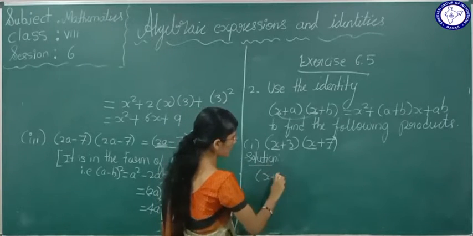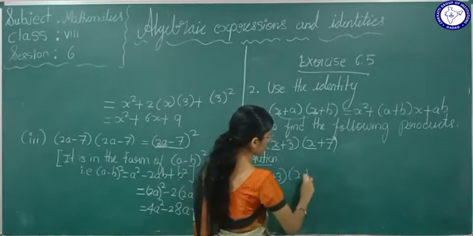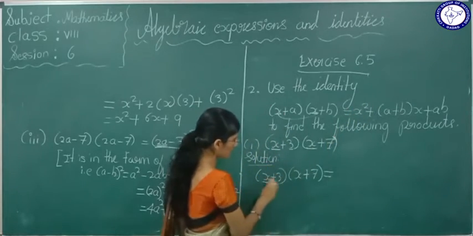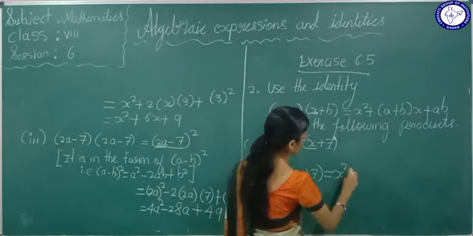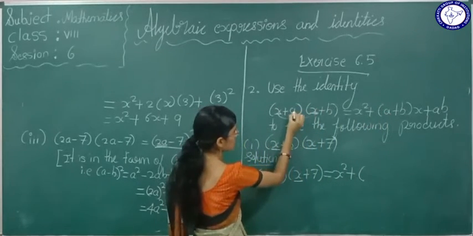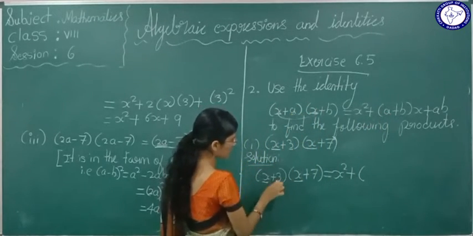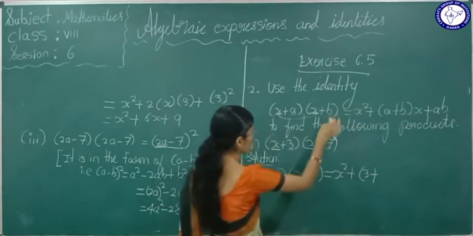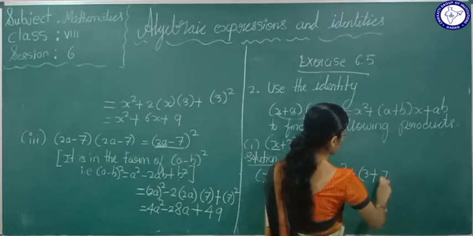(x + 3)(x + 7) is equal to what? x², then plus (a + b): in place of a we have 3, in place of b we have 7.